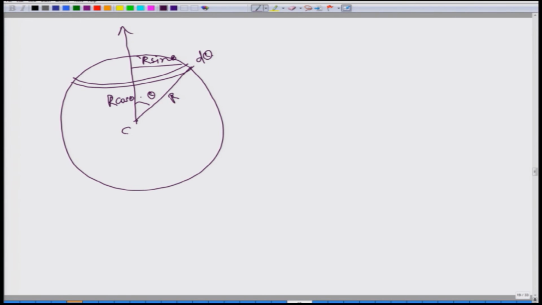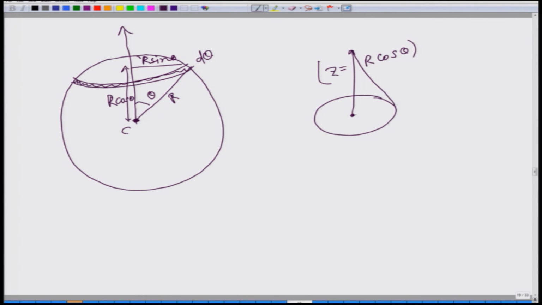center. Now, we already have found the magnetic field of a circular ring at a height z from the center of the ring. Now, I replace that z by r cos theta, because r cos theta is now the height of the center where I want to find the magnetic field, and I replace r by r sin theta, because r sin theta is the radius of the circular ring which I have chosen.